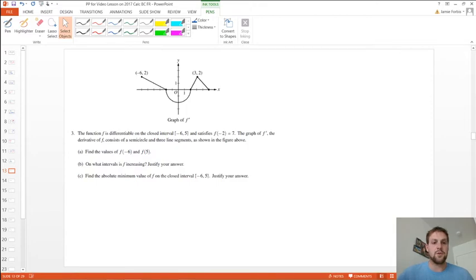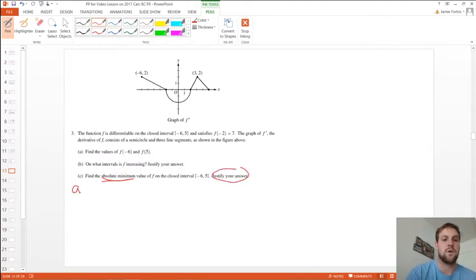C says find the absolute minimum value. We're on a closed interval and it's asking for the absolute minimum value on the closed interval -6 to 5, and justify your answer. Let's start with the justification.